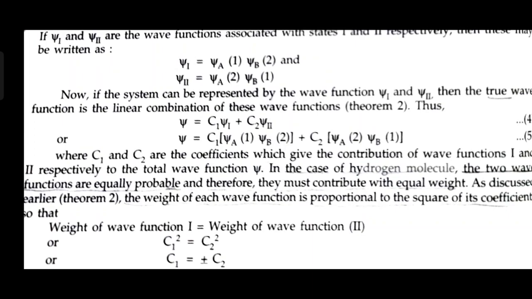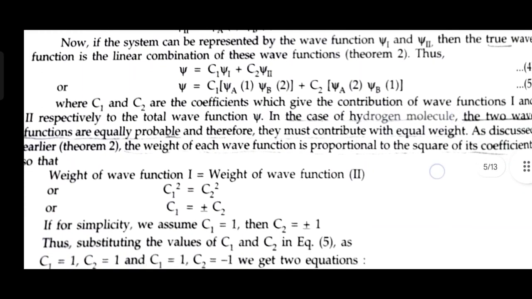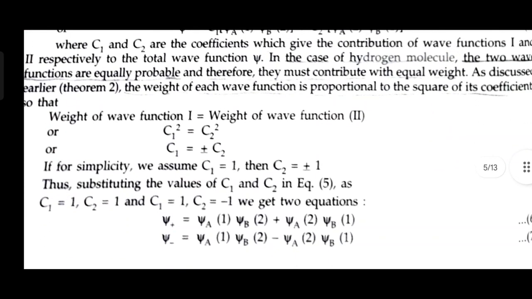In the case of the hydrogen molecule, the two wave functions are equally probable and therefore they must contribute with equal weight. As discussed earlier, in theorem 2, the weight of each wave function is proportional to the square of its coefficient, so that the weight of wave function 1 equals the weight of wave function 2, and c1 equals plus or minus c2. Thus, substituting the values c1 equal to 1, c2 equal to 1, and c1 equal to 1, c2 equal to minus 1 in equation 5, we get two equations.